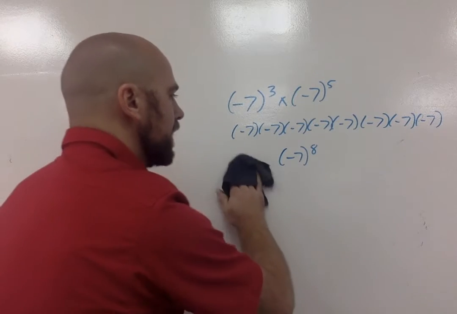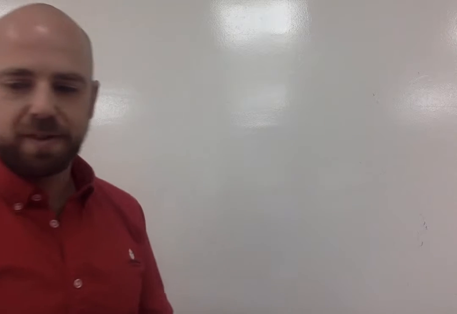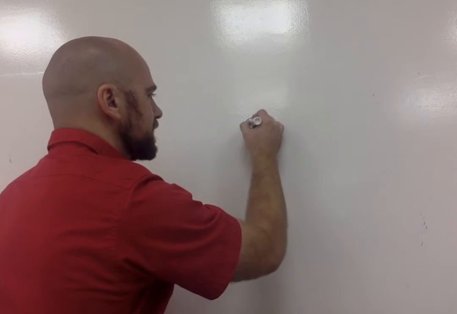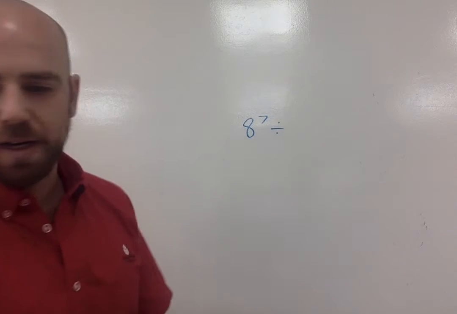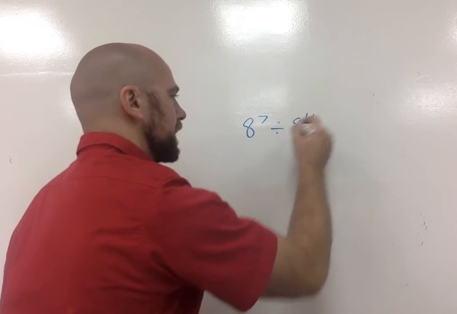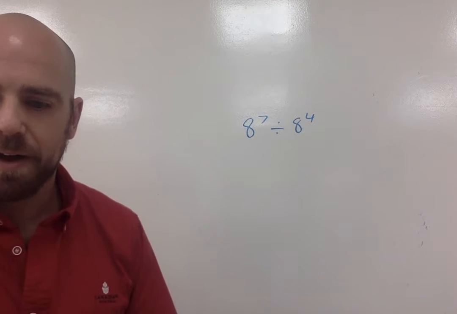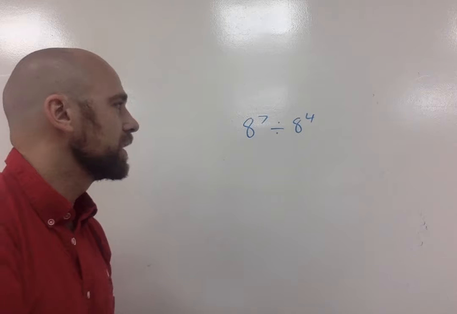Now, what about if we were to have something like 8 to the power of 7 divided by 8 to the power of 4? Some of you might be able to just figure it out based on the rule right away. I'm going to go and actually write it out as well.